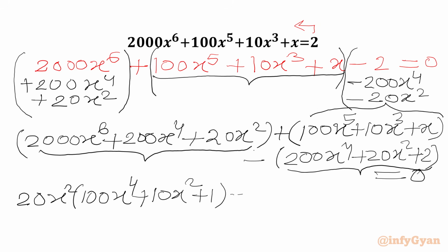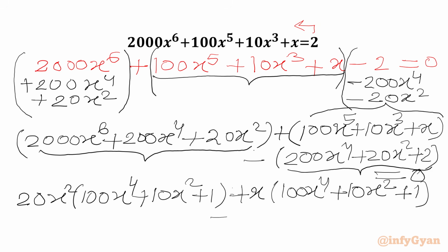Now x is common, so we will write here plus x in the bracket 100x power 4 plus 10x square plus 1. Then we have 2 common from the bracket. So it will become minus 2 in the bracket 100x power 4 plus 10x square plus 1.